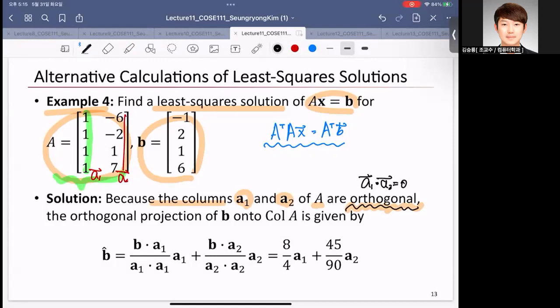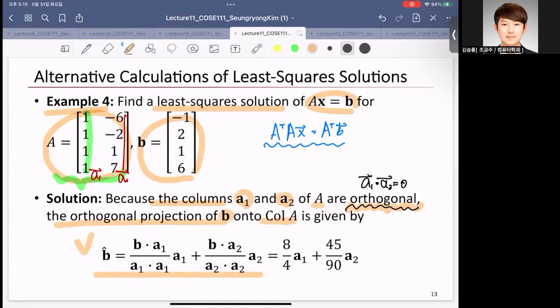Then the orthogonal projection of b onto the column space of matrix A can be directly computed by this equation, right? So we already talked about this one in the orthogonal projections. 그렇죠?